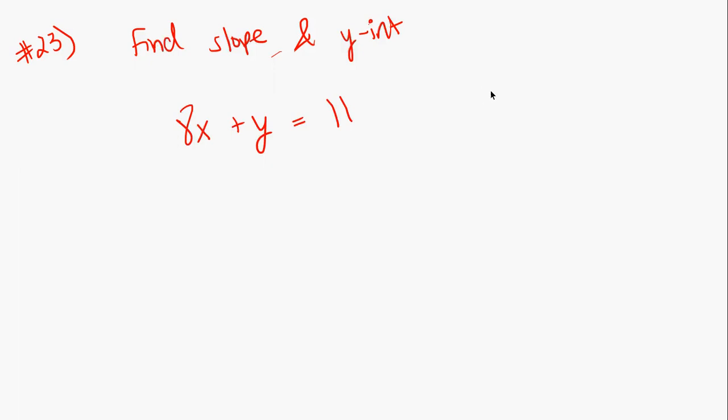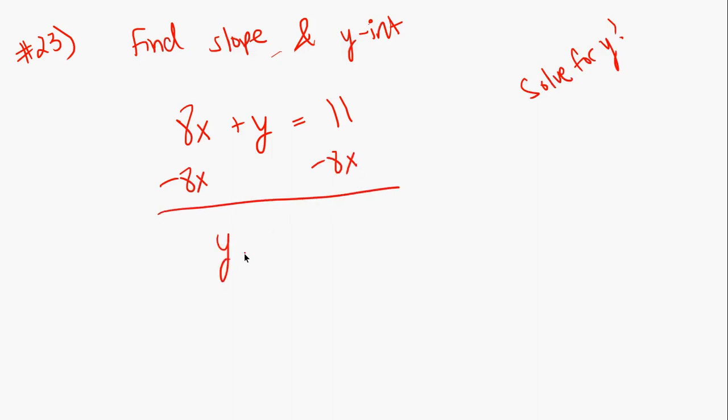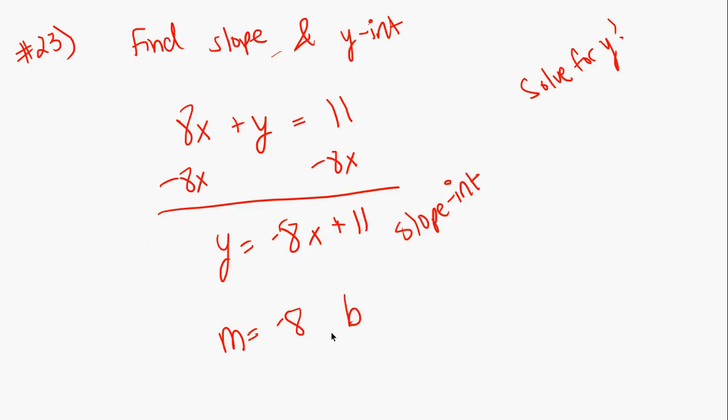In order to find these, we need to solve for y. So we're going to subtract 8x from both sides. We get y equals negative 8x plus 11. This is now in slope-intercept form, which means that our slope is negative 8 and our intercept is 11.